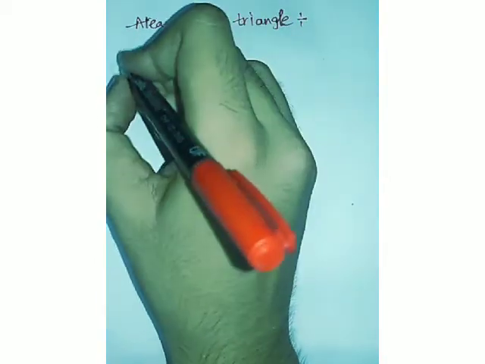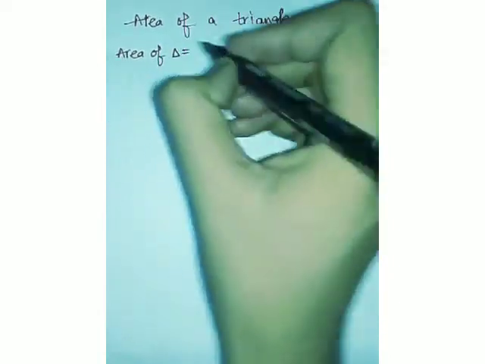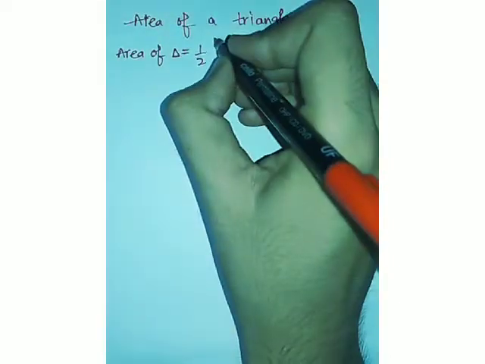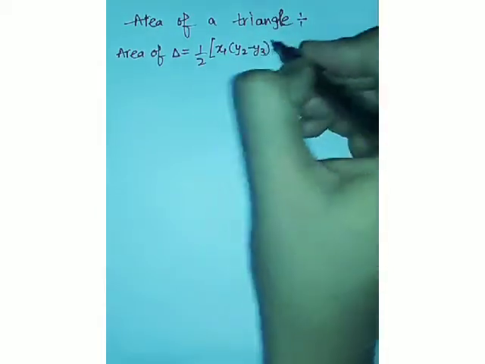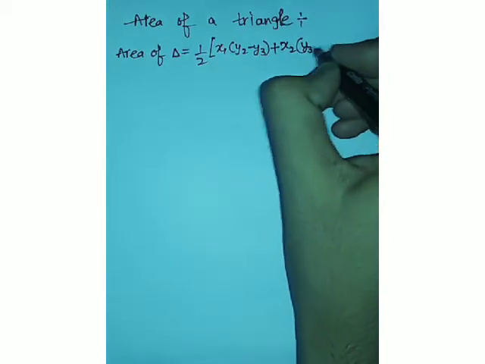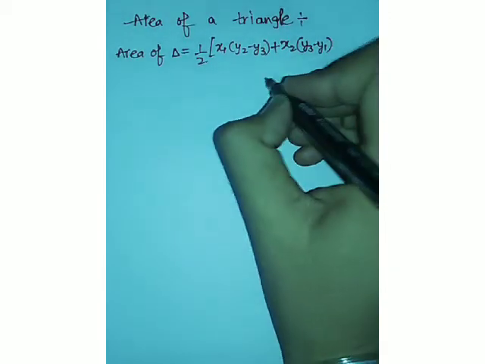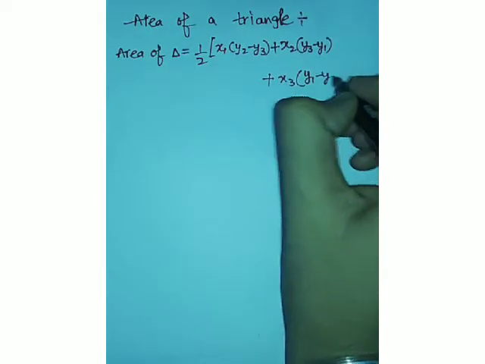Now the area of triangle is equal to 1 upon 2 [x1(y2 minus y3) plus x2(y3 minus y1) plus x3(y1 minus y2)].